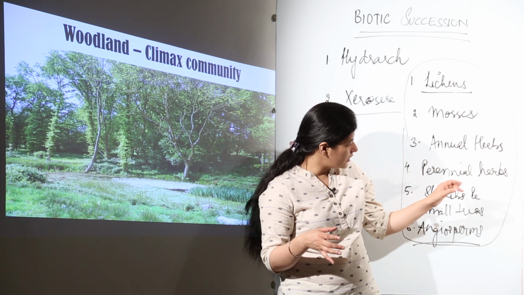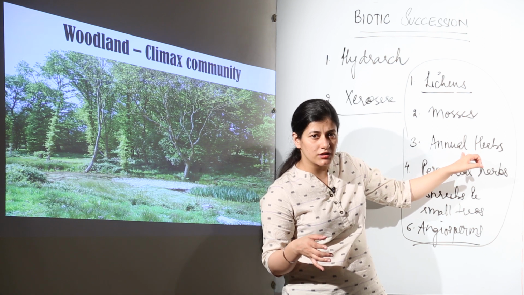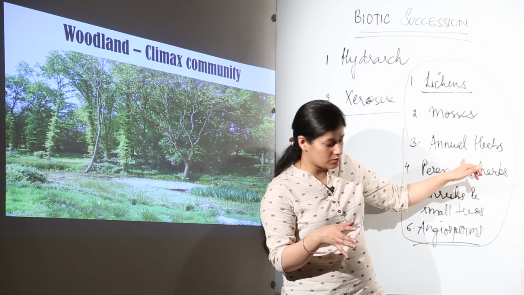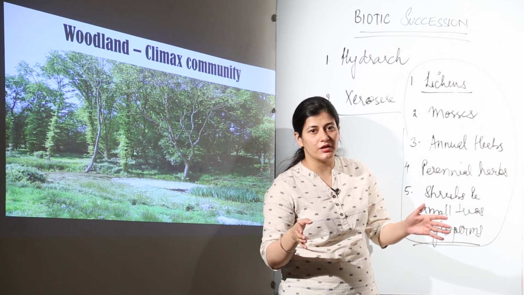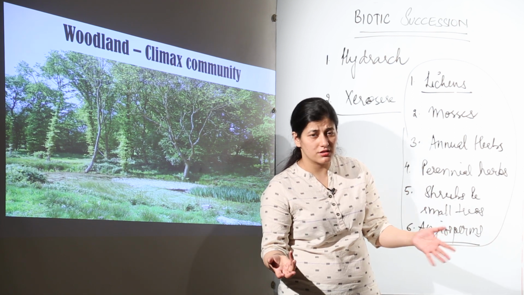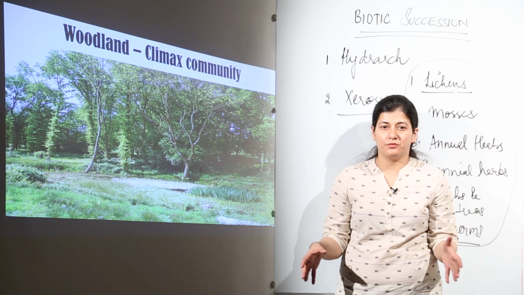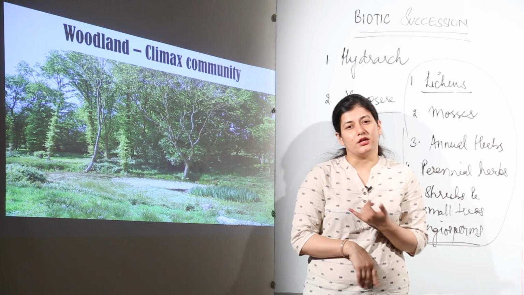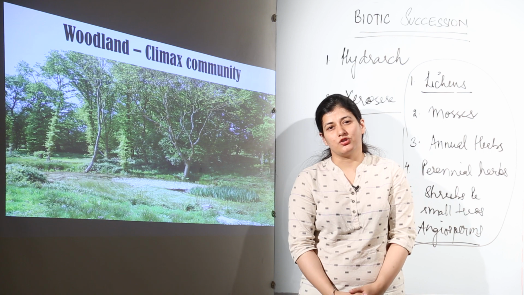All these species where you find one leading way for the growth of another or the introduction into the ecosystem of another species, and finally a climax community with full equilibrium condition with the abiotic factors is prevalent. So this is all about the biotic community, understanding both xerarch and hydrarch succession from the pictorial presentation of hydrosere.